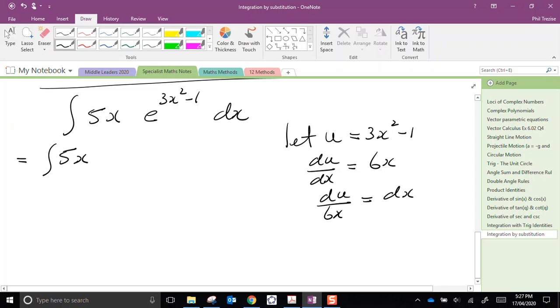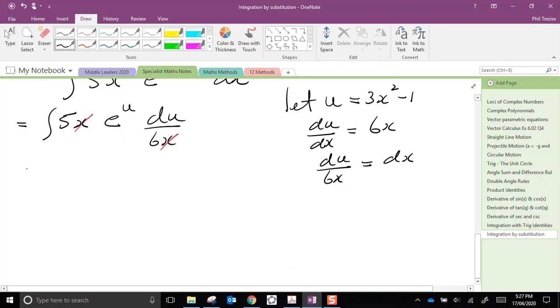So the 5 times x is still there. e is still there, but this time it's e to the power of u. dx is being replaced with du over 6x. Now there's what we wanted. The variable x cancels very nicely, and if I take the constant 5 over 6 to the front of my integral, I have e to the u du.